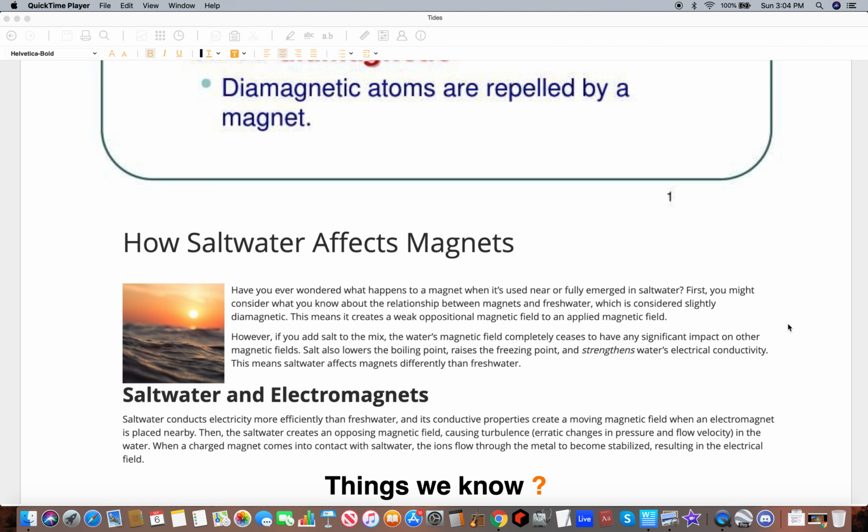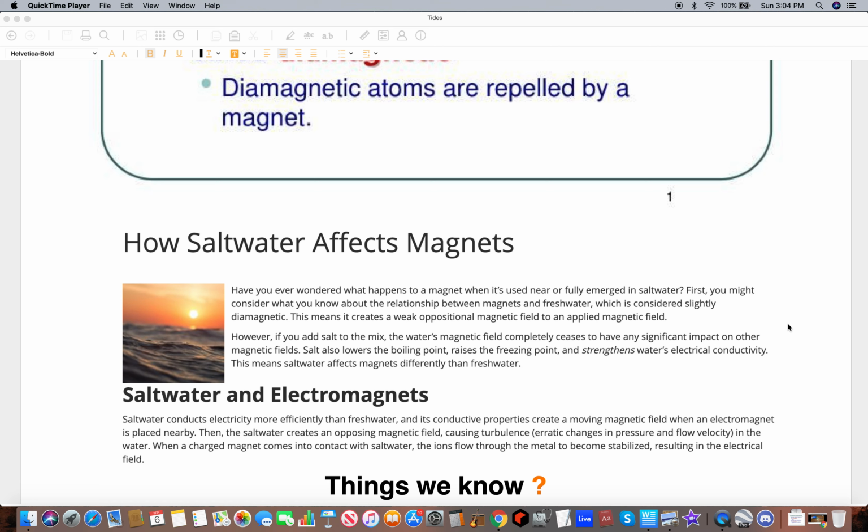This means it creates a weak oppositional magnetic field to an applied magnetic field. However, if you add salt to the mix, the water's magnetic field completely ceases to have any significant impact on other magnetic fields. Salt also lowers the boiling point, raises the freezing point, and strengthens water's electrical conductivity. This means salt water affects magnets differently than fresh water.